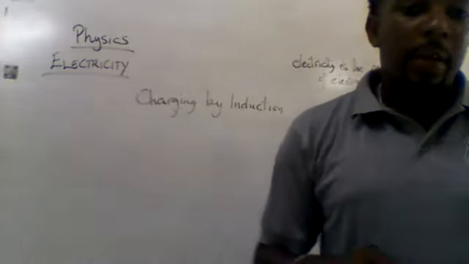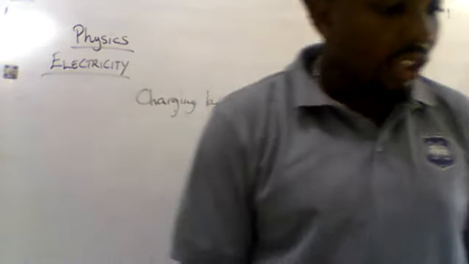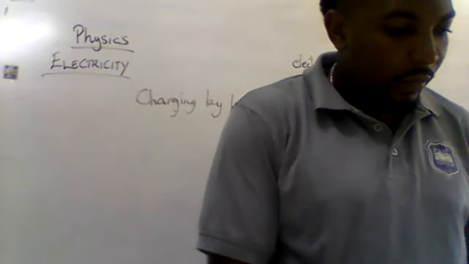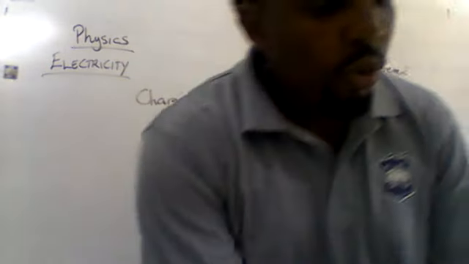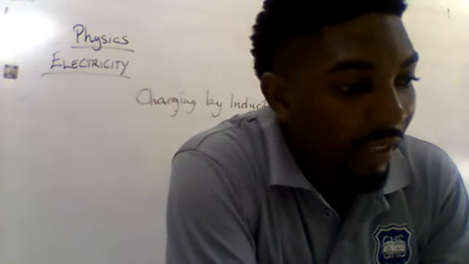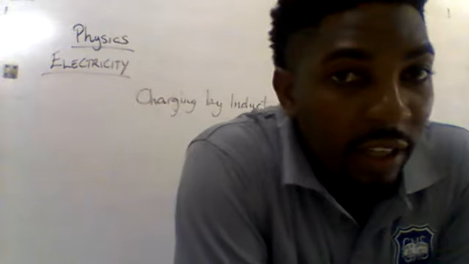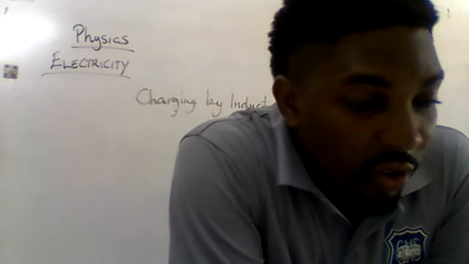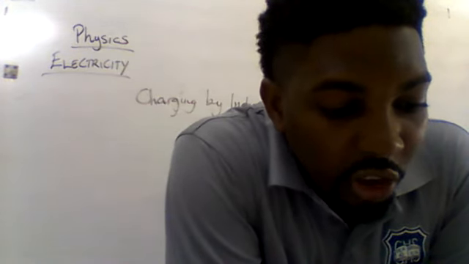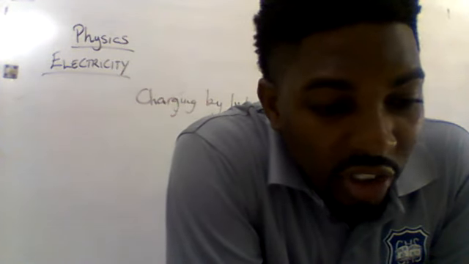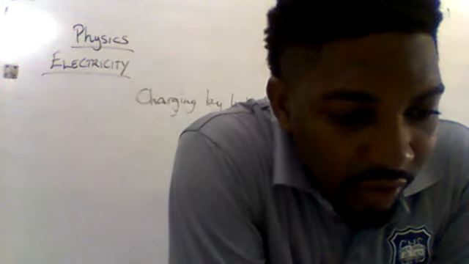Now, when you look into the notes, when you talk about charging by induction, it basically tells you that there's no physical contact in this process between a charged object and an uncharged object. Right? Now, the aim is that we want to make an uncharged solid charged.